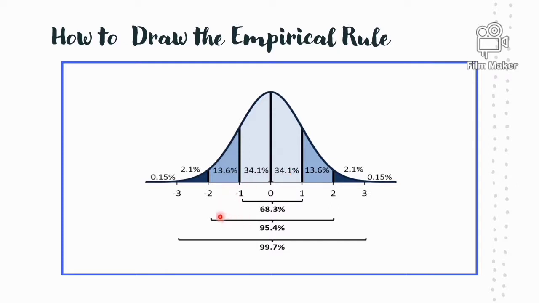And then negative 2 and positive 2, 95.4%. So for 95.4, we have 13.6 and 13.6. And then negative 3 and positive 3 falls the 99.7%. And then we have the 0.15 and 0.15.